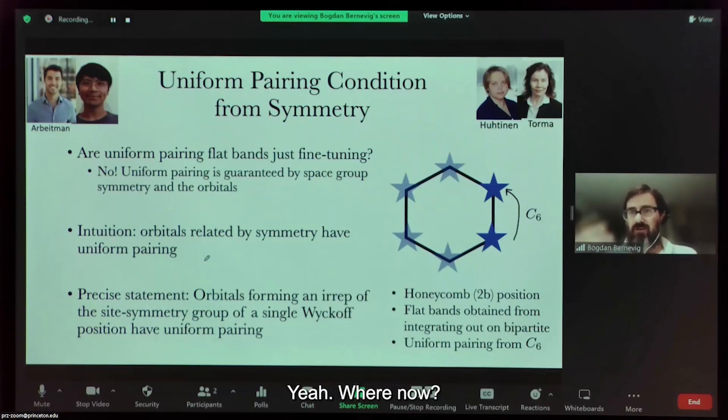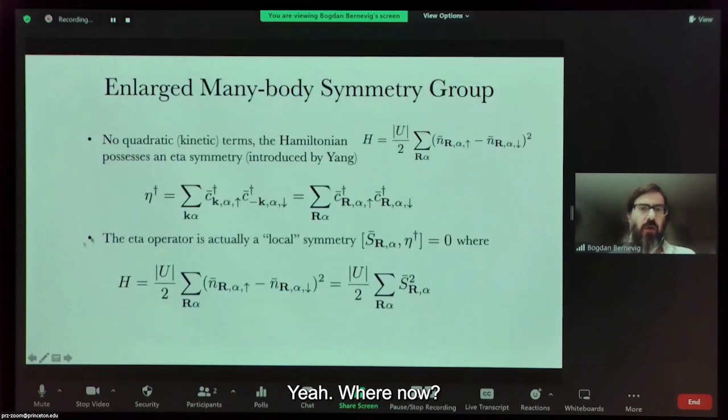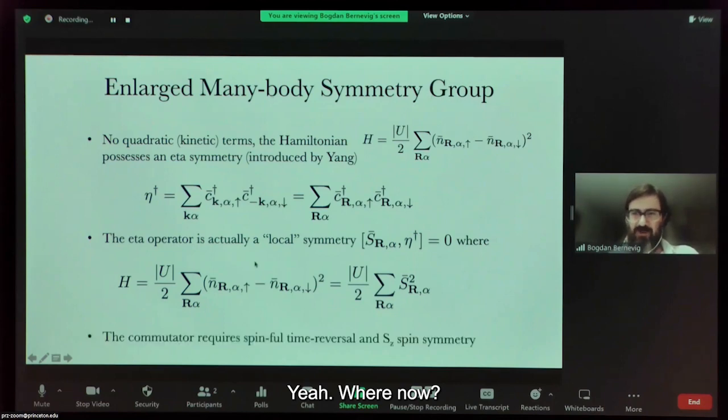These models have some assumptions in them, but it turns out the assumptions, such as uniform pairing, are kind of natural in some lattices and with some orbitals. So I think maybe I will stop here, because if I go further, I'll have to delve into the structure of these Hubbard Hamiltonians.